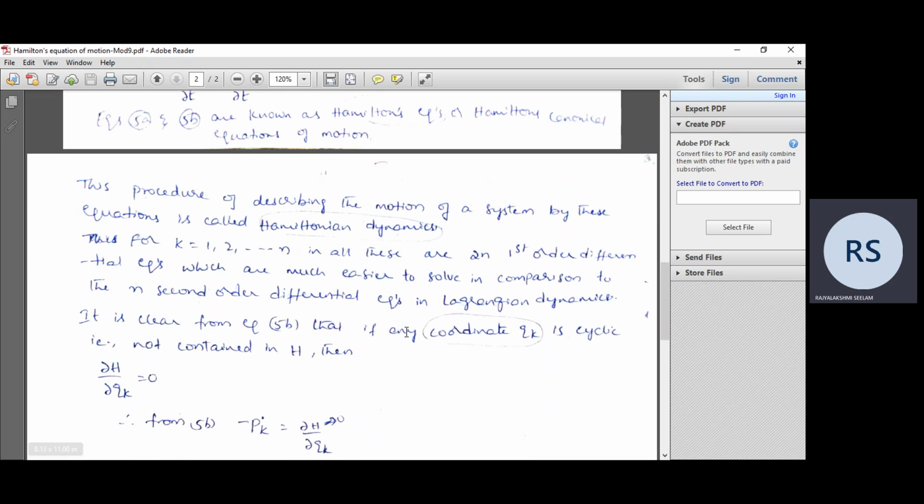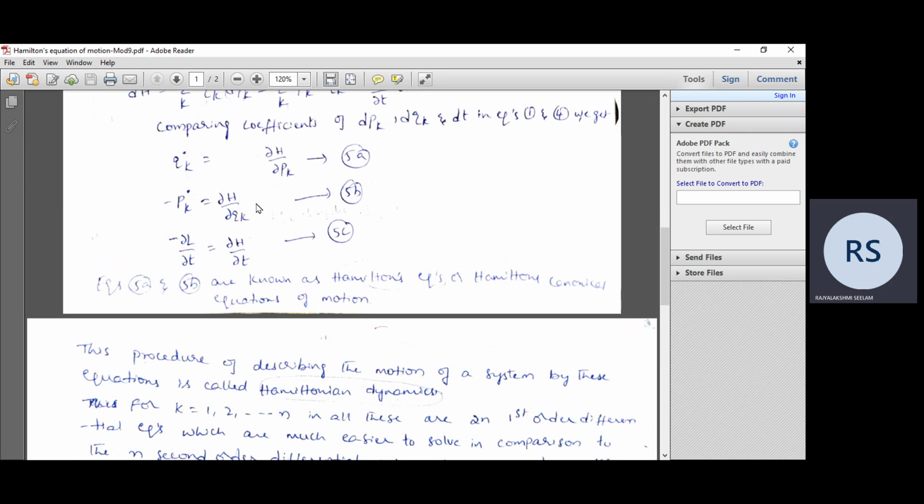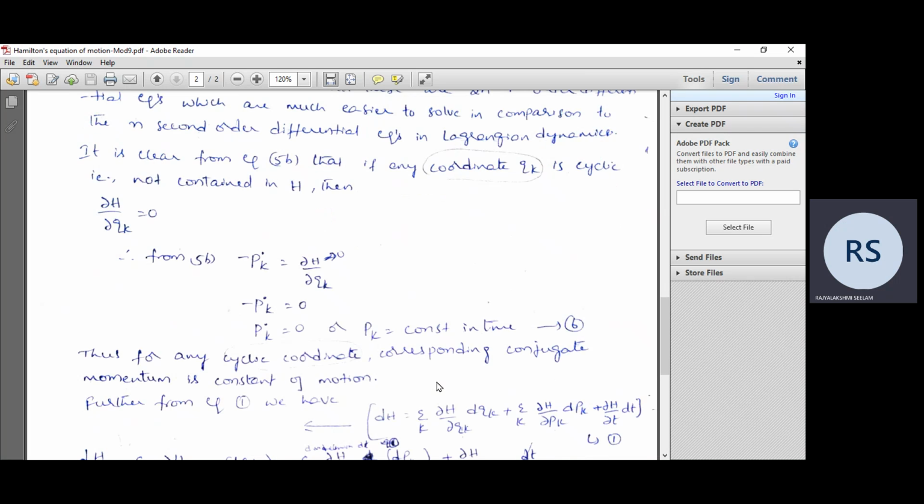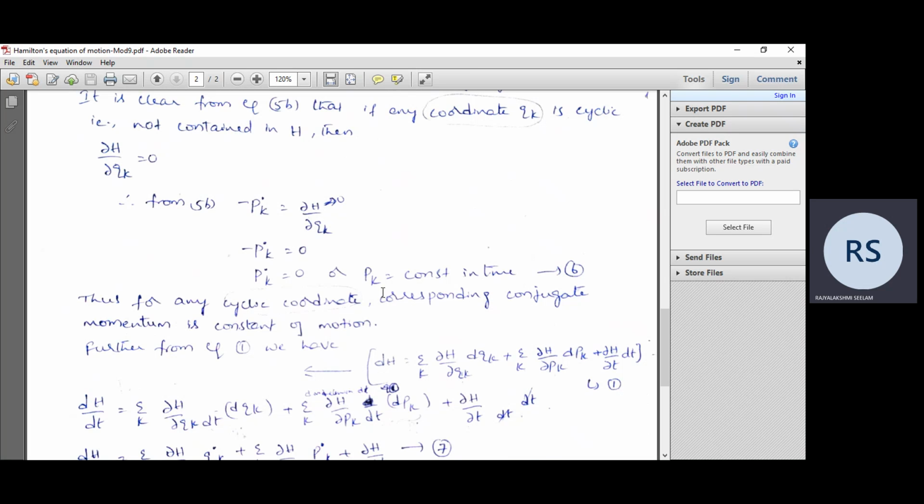So from equation number 5, if dou H by dou qk equals 0, it means minus pk dot equals 0, because H does not contain the coordinate qk. So pk dot equals 0, or pk is constant in time. So for any cyclic coordinate, the corresponding conjugate momentum is a constant of motion.